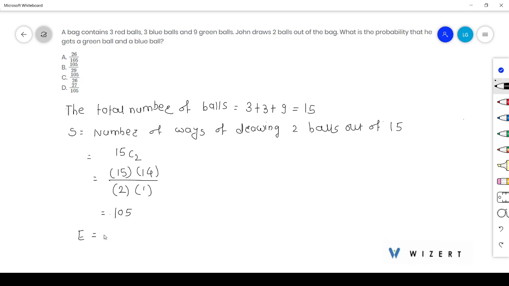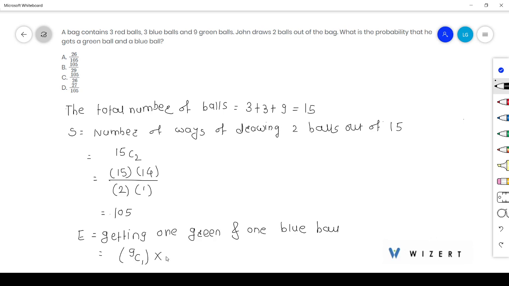Let E be the event of getting 1 green and 1 blue ball. So 1 green means out of 9 green balls we can select 1 in 9C1 ways.